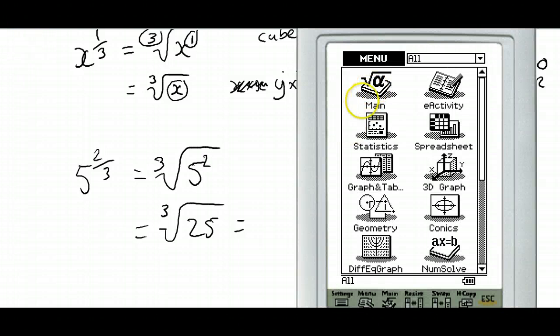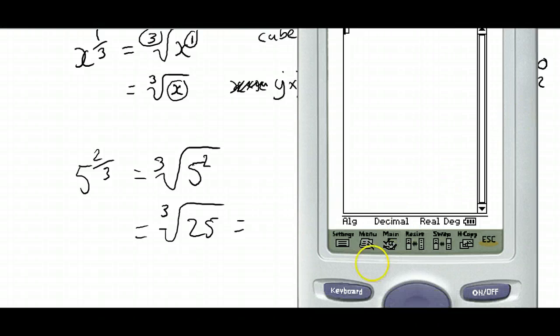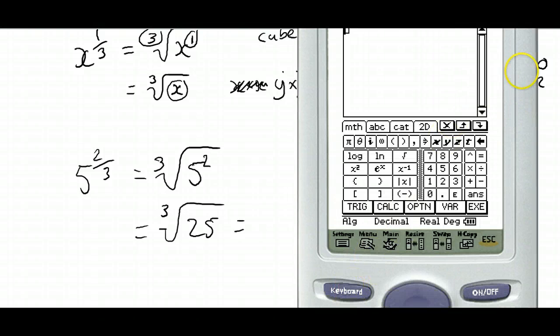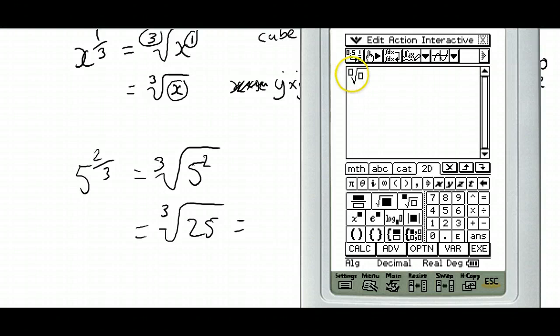Okay, so when you open up your calculator and you go main, it brings up this screen so you can enter in functions. Bring up the keyboard. So you've got all these other options here. Now we want to do the cube root of 25. So to do that, if you look across these menus here, you'll find 2D, and in there you'll find this special button here, which allows you to enter in special roots.